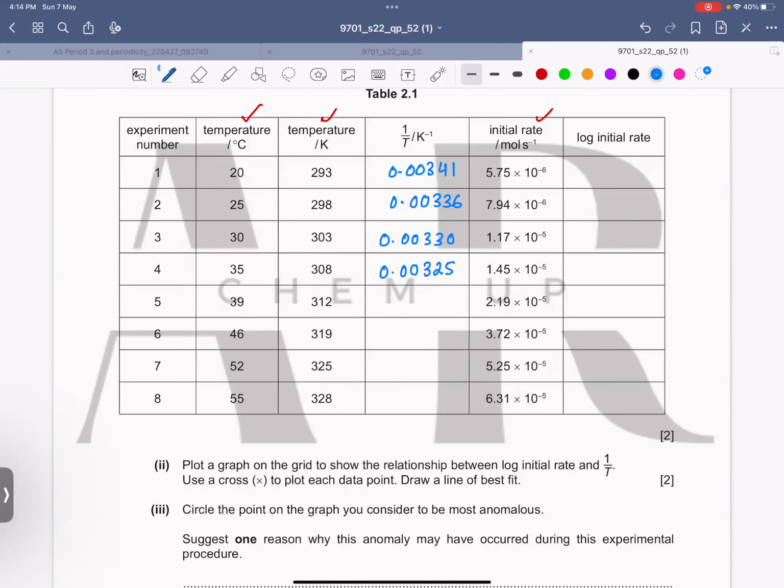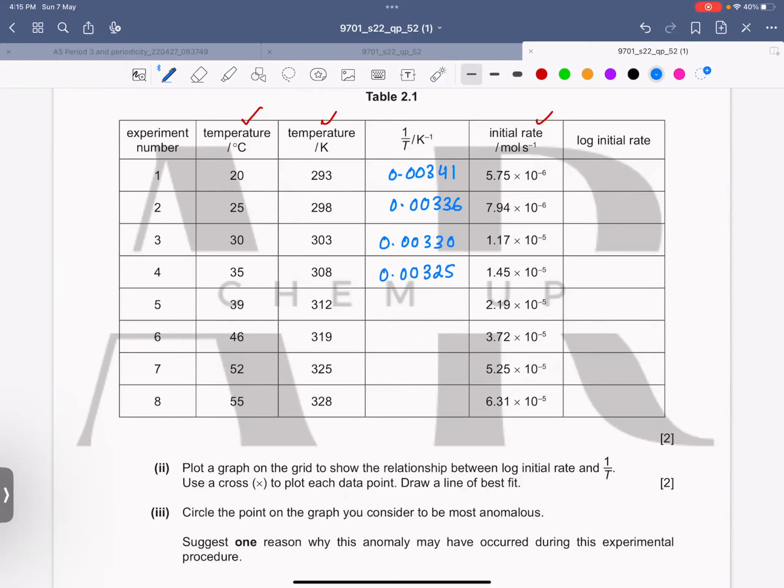Yes. 0.00321. Okay. 0.00313. Okay. 0.00308. Okay. 0.00305. Now in the next column we have to take the log of the initial rate.